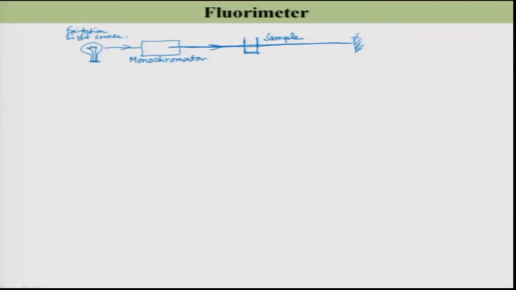The emitted photons are directionless. The emitted photon could go in this direction, also here and here, in all directions. This is spontaneous emission.